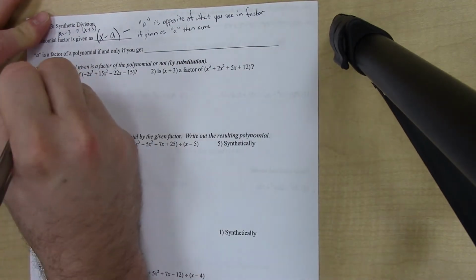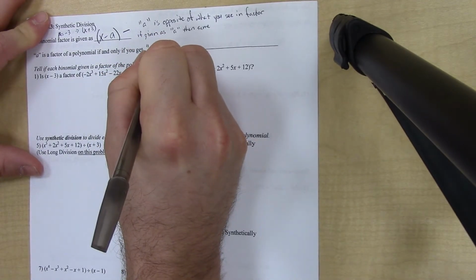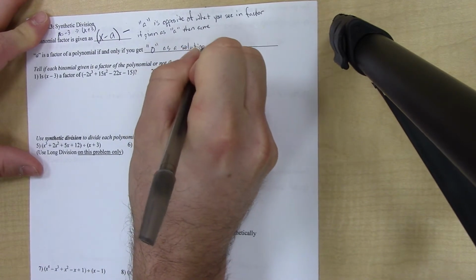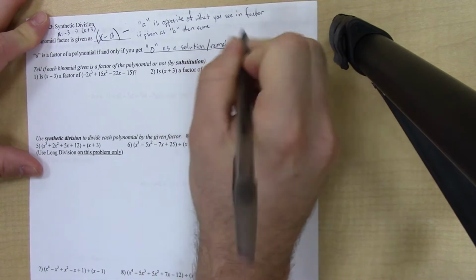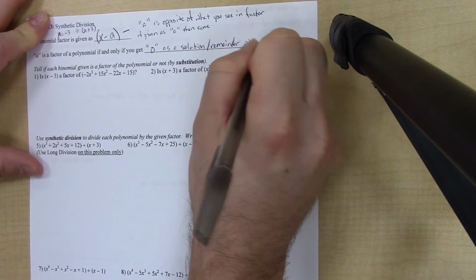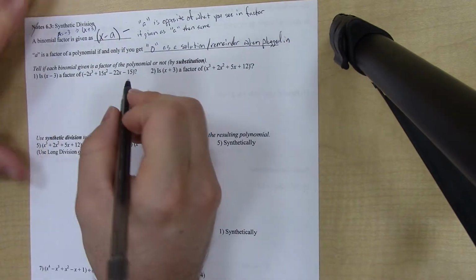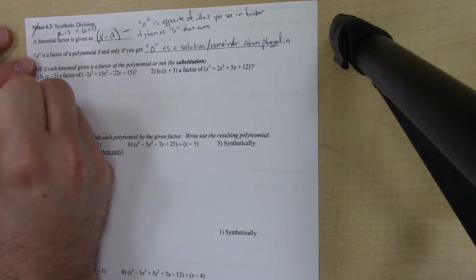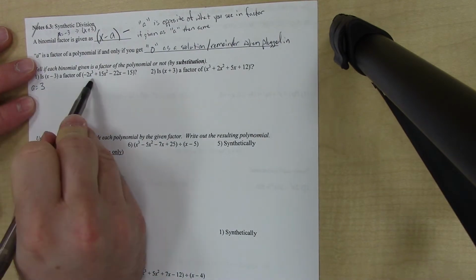A is a factor of the polynomial if and only if, when you divide it through, you get 0 as a solution slash remainder when plugged in. So what I mean by that is, let me plug in, what is a here? a is 3, again because it's the opposite of what you see, and I'm just going to plug 3 in.